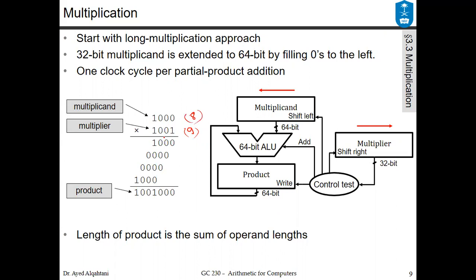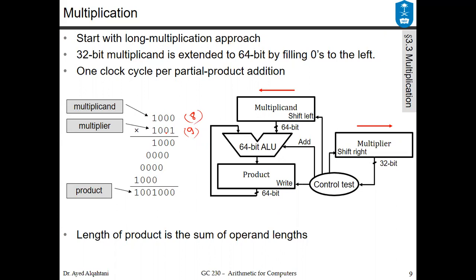And if you do the multiplication, you generate the partial product the same way that you use in the long multiplication approach that we studied in elementary school. But here it's actually easier, because if you have 1 in the multiplier, you copy the multiplicand here.